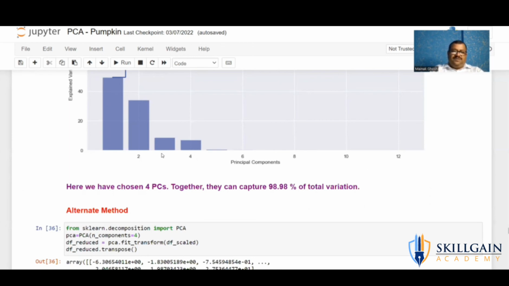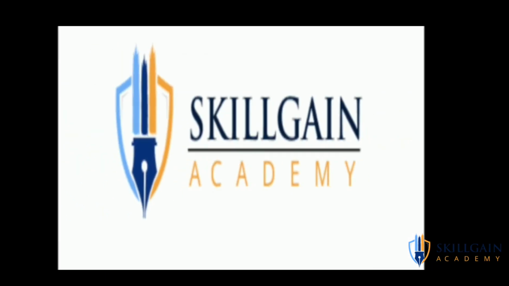So with these four PCs, principal components, we can capture 98.98% of the variability compared to the total variability of 100%. So now it is easier for us to consider these four principal components, or four linear combinations, instead of those 12 variables.